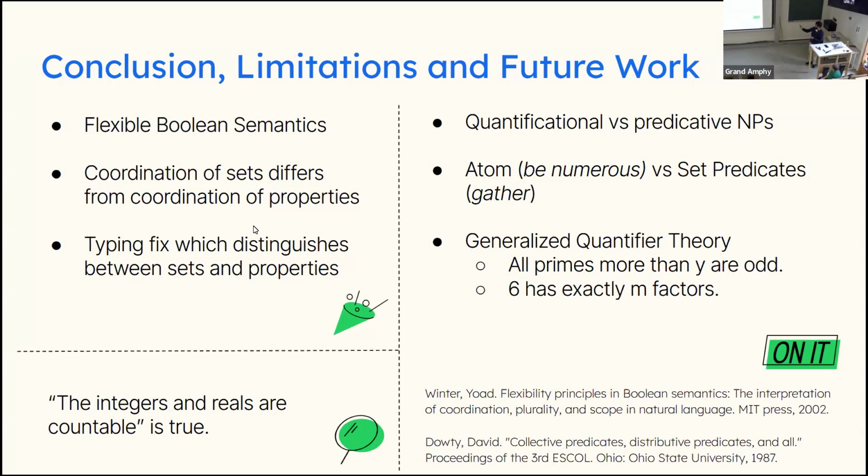He also gives a different typology of predicates. Instead of collective and distributive, he calls them atom and set predicates, and this is based on Dowty's paper in 1987. This was also mentioned, like be numerous and surround, in Liebestop. And then he uses this new typology to integrate generalized quantifier theory into his theory of plurals, which is very nicely written and done in a uniform setting.